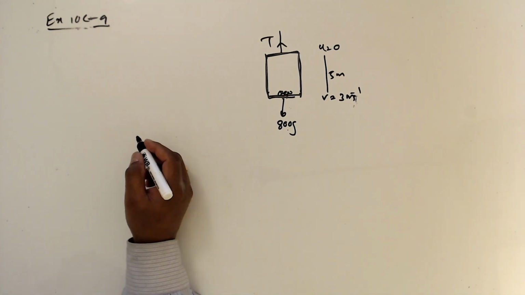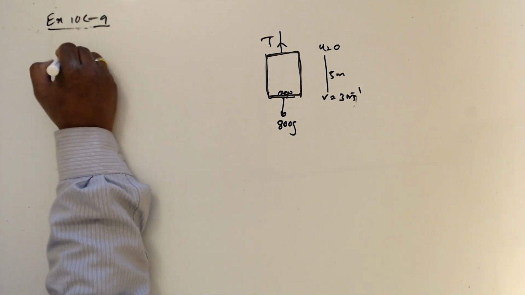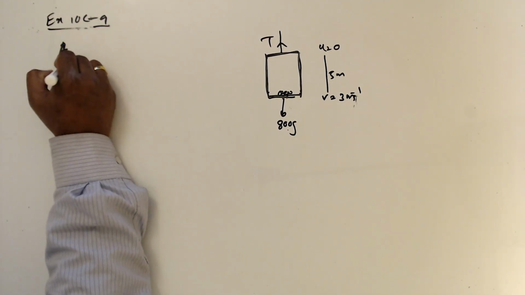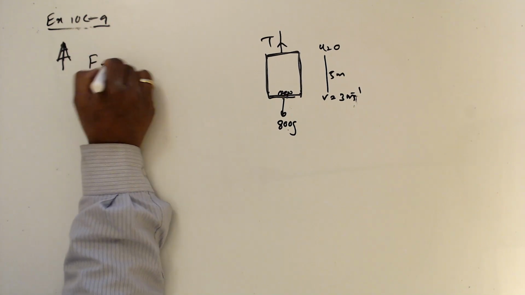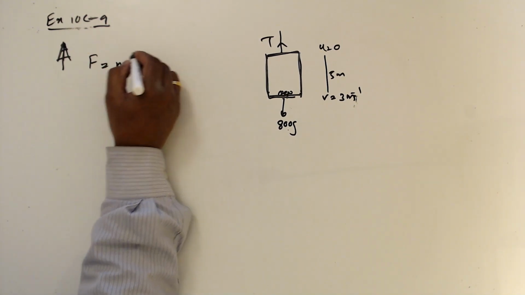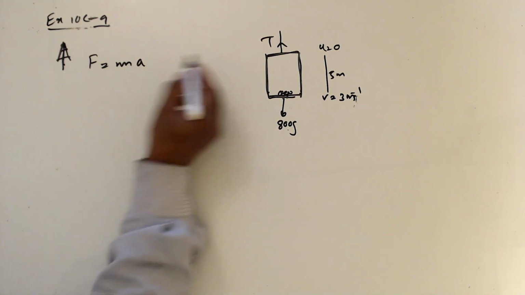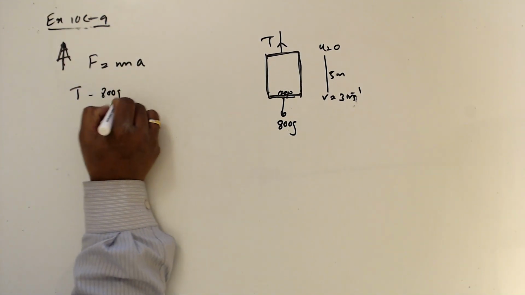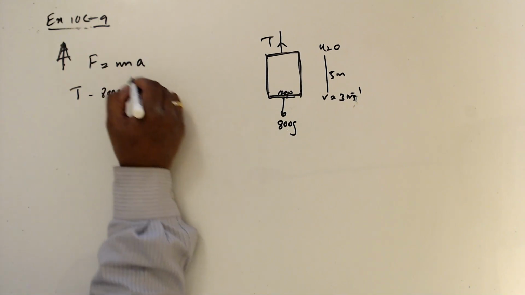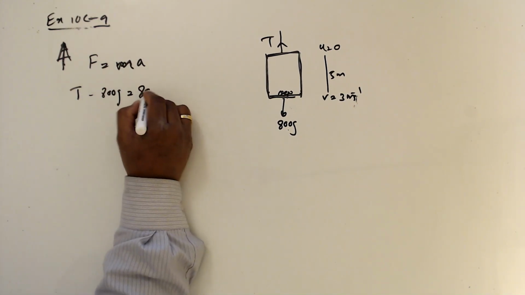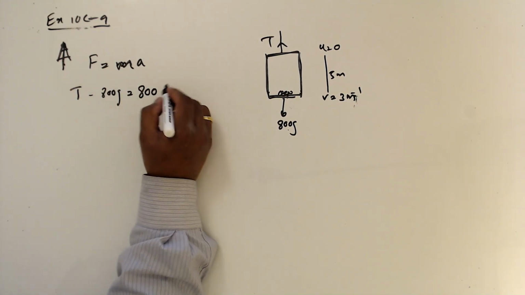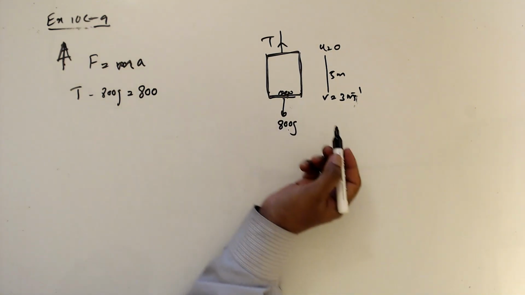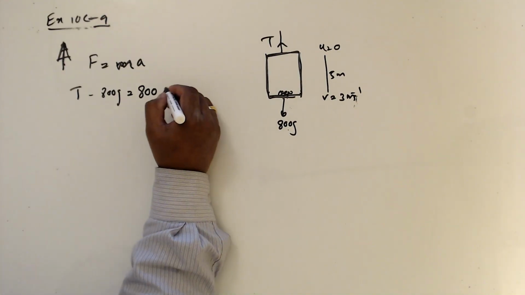Part C, the tension in the cable if the lift is moving vertically upward now. We'll consider the upward journey now. F equal MA, we'll put upward. So this is going to be T, the tension, minus 800G again. M is 800 times A, which is 0.9 upward now.